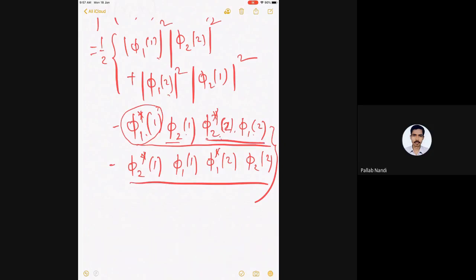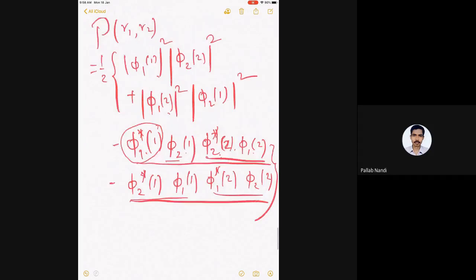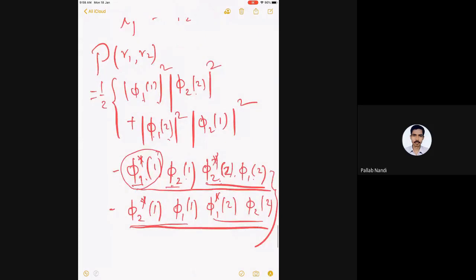And the same thing happens here: phi 2 star 1, phi 1 1, phi 1 star 2, phi 2 2. So whenever you have phi 1 star phi 2 for a coordinate, it is not density. Density is phi 1 star phi 1. I hope all of you remember the Born interpretation: whatever the orbital, the conjugate of it with itself. But no, it is not so here. I hope you can understand what I'm saying. This part has a very nice classical interpretation.